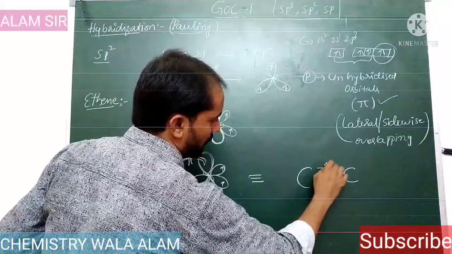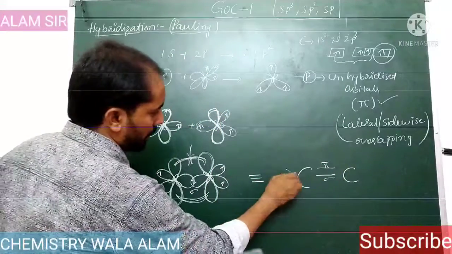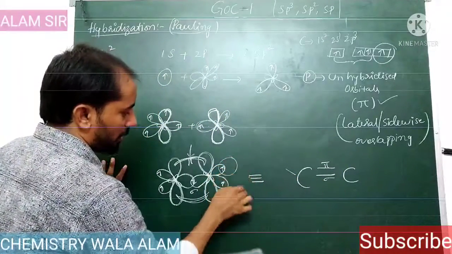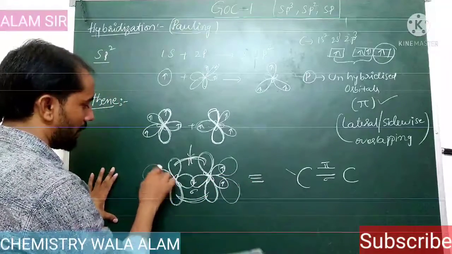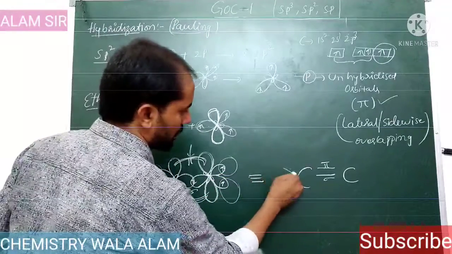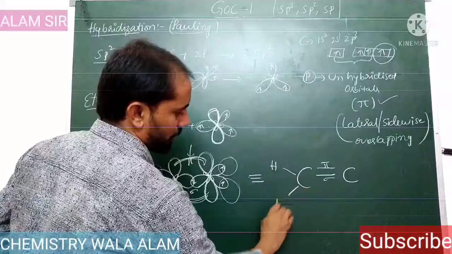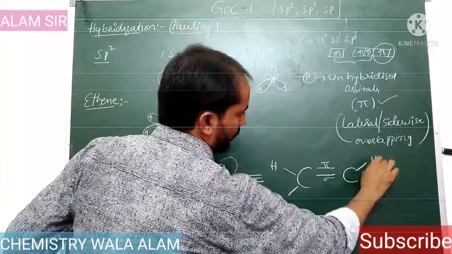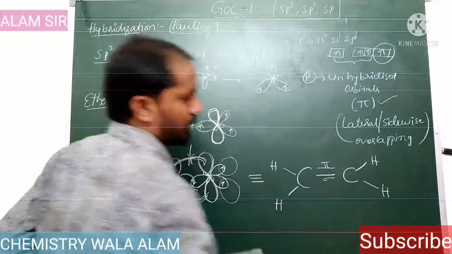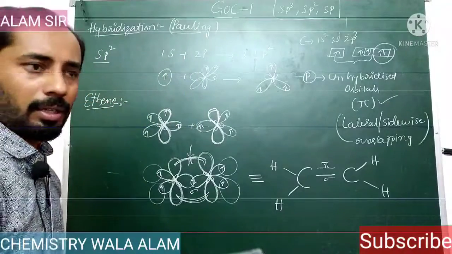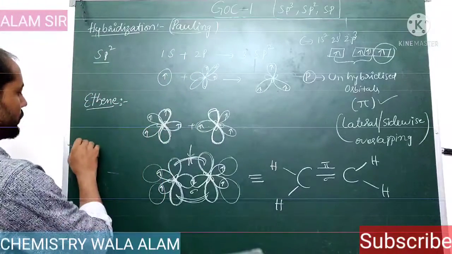Here this can overlap with an s orbital, and this also can overlap with an s orbital, like this: hydrogen, hydrogen, hydrogen, hydrogen. It is a planar triangle.